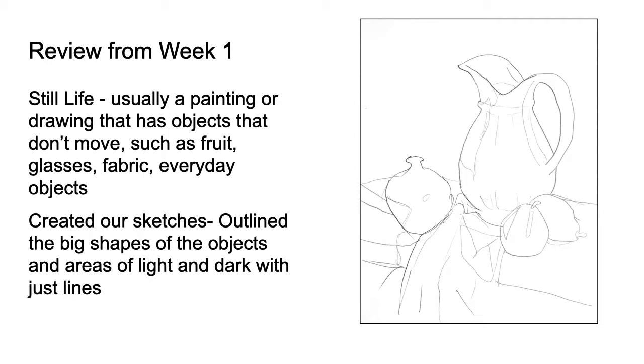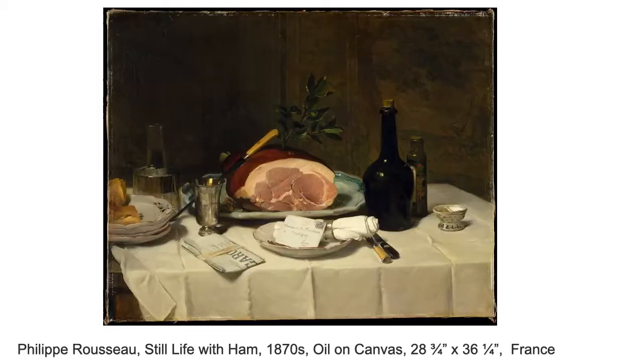Now today we're going to look at some still lifes. This one here is a still life from the 1870s in France, and we can see that maybe they are having breakfast. And maybe this is something we might see in our own house. We have a newspaper and maybe a piece of bread on the little dishes there.